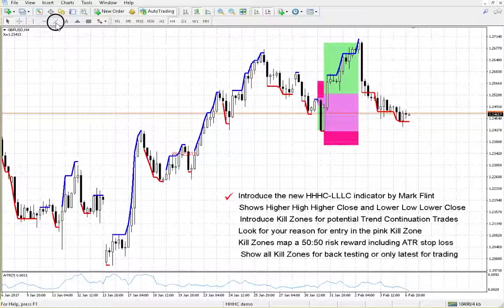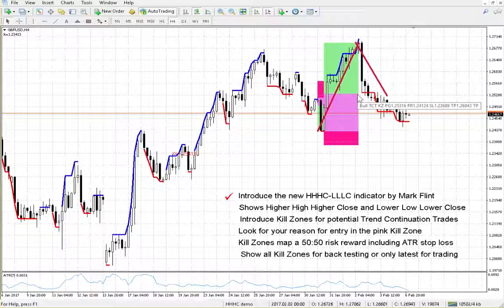So in a situation where we've got a bull move like that, what we're looking for is a pullback in such a way that it gives us an entry reason that gives us at least a 1-to-1, i.e. 50-50 split between our stop loss position and our take profit. The indicator automatically draws out our 50-50, i.e. 1-to-1 take profit risk reward ratio positions.